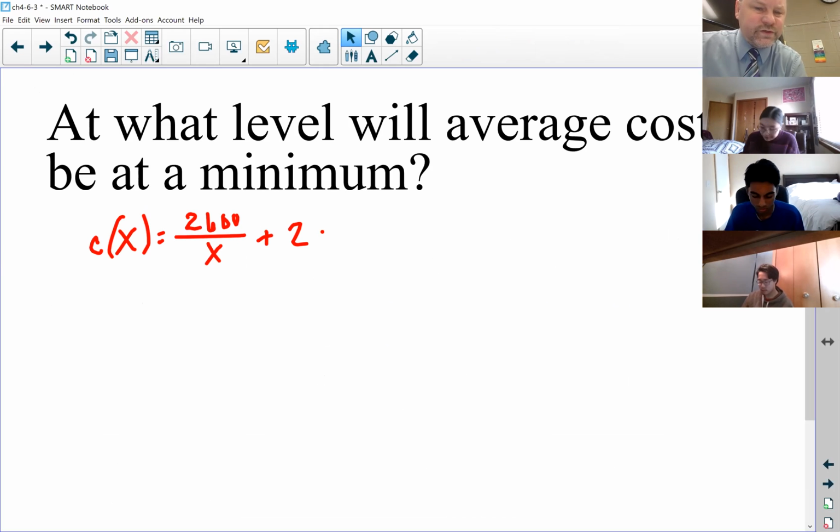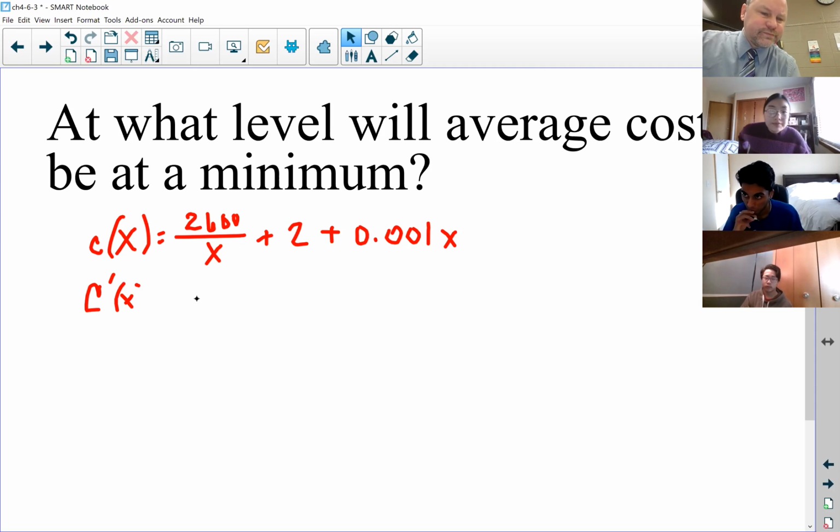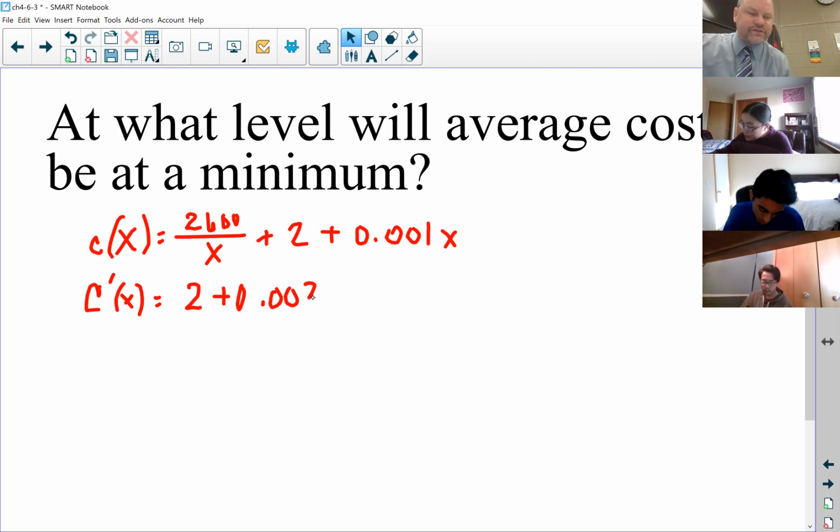Plus 2 plus 0, excuse me, 0.01x. And marginal cost would be 0 plus 2 plus 0.002x.